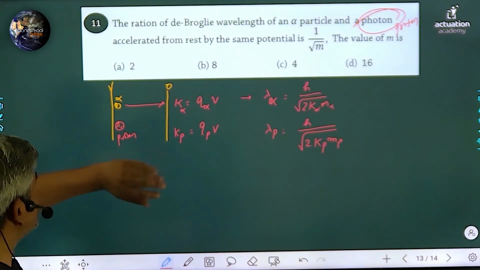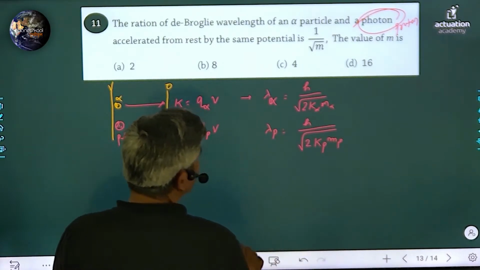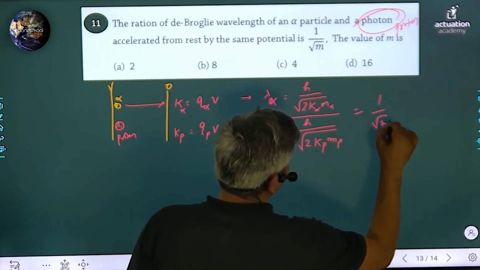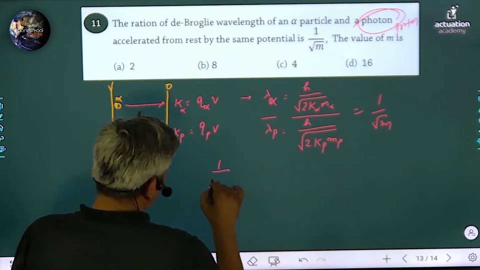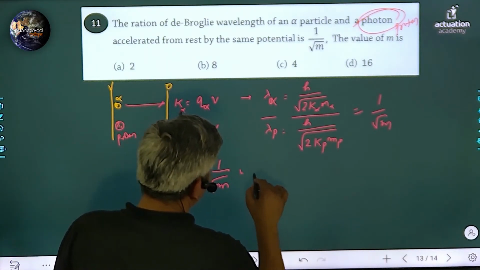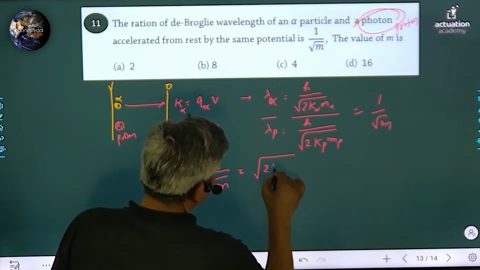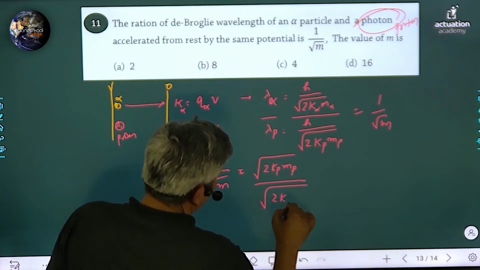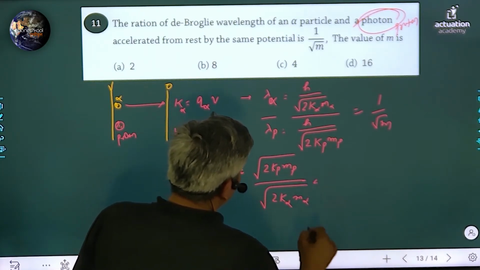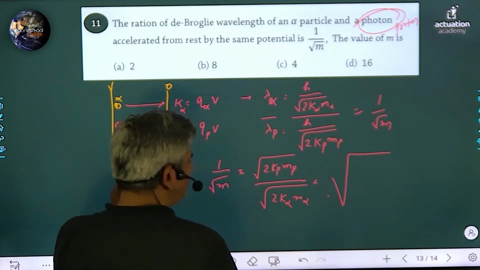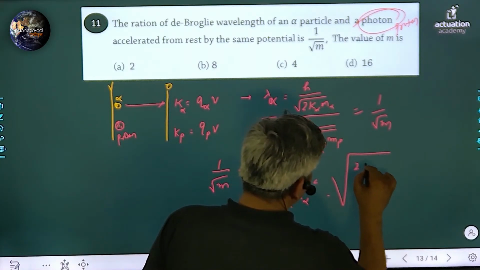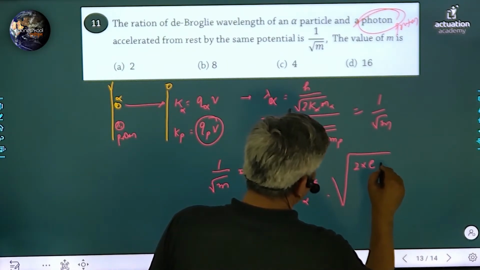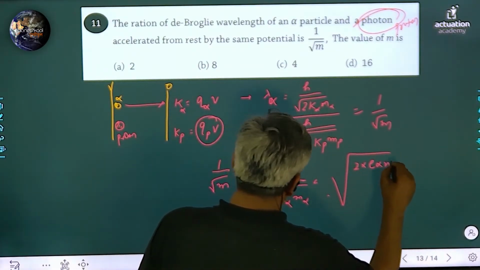Now they are accelerated from rest by the same potential, and their ratio is given as 1 by root m. So we can write 1 by root m is equal to h over root of 2 times kinetic energy of proton and mass of proton, divided by h over root of 2 times kinetic energy of alpha and mass of alpha. Let's say e is the charge on proton and mass of the proton is m.